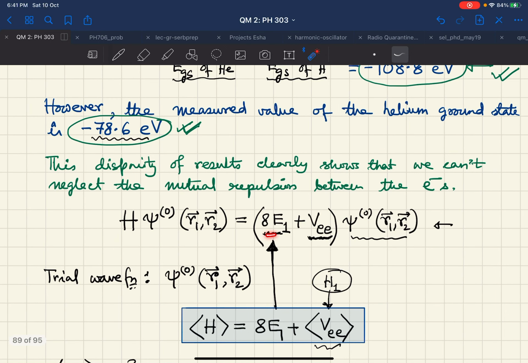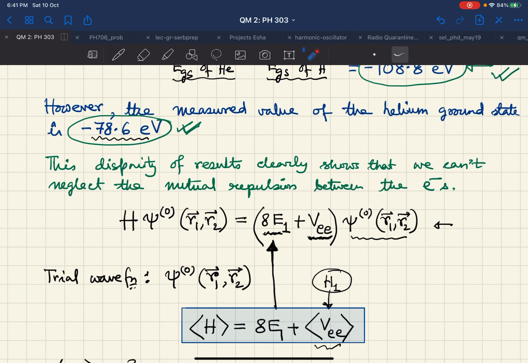So this is the term which we get when we neglect the electron repulsion, and this is the electron repulsion term, that means e squared by 4 pi epsilon naught times 1 by R12, acting on the trial wave function.